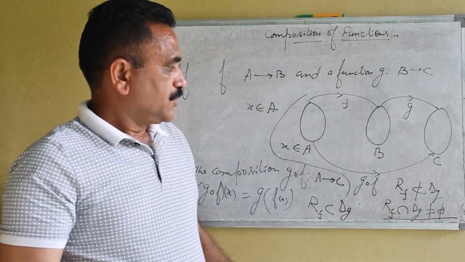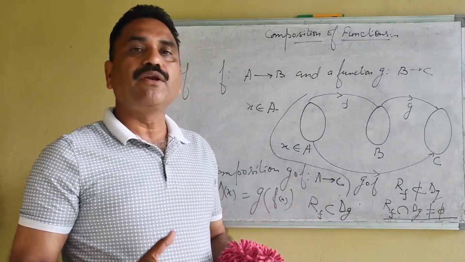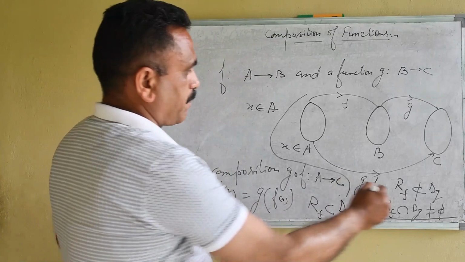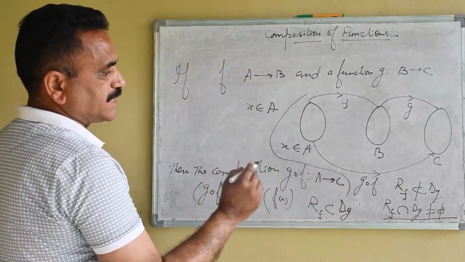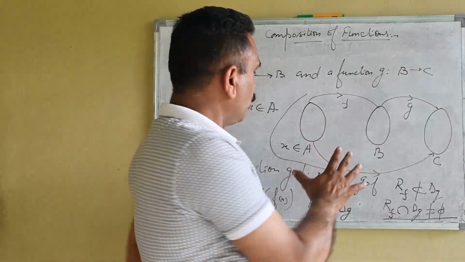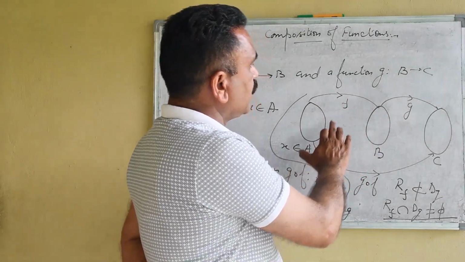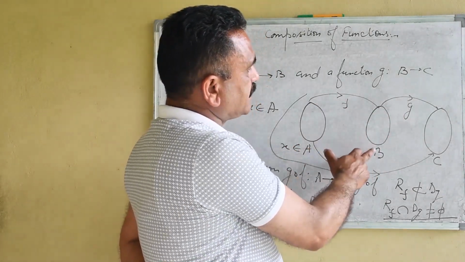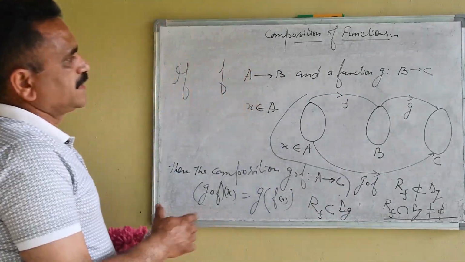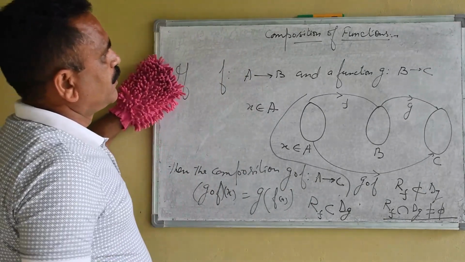That means these two sets should not be disjoint, and it will work only for those elements of A which have an f image in B. So this is the composition of functions.